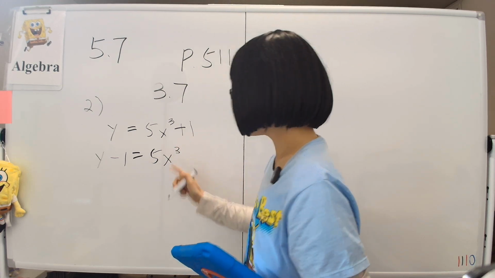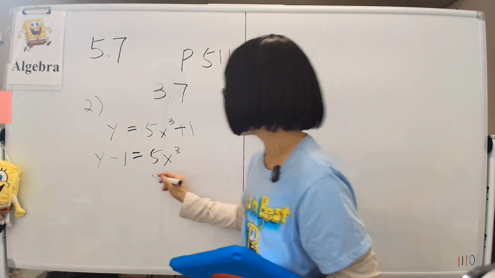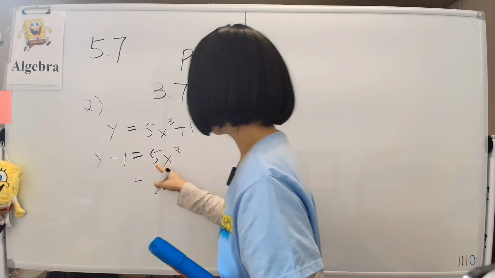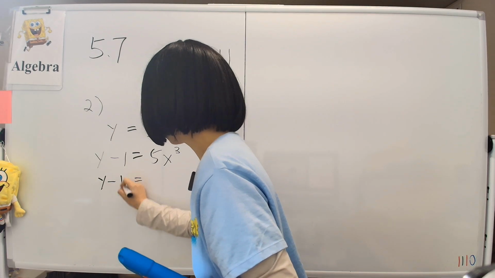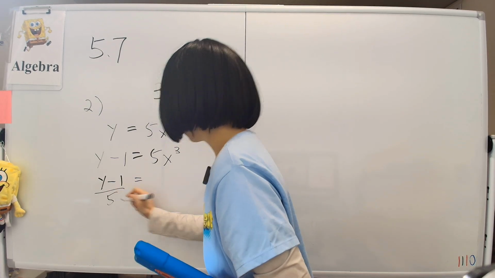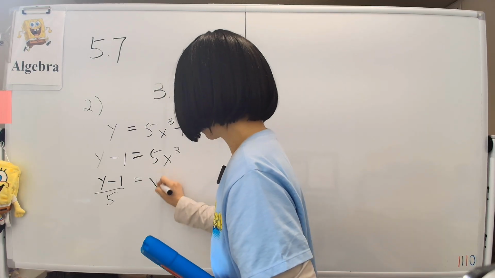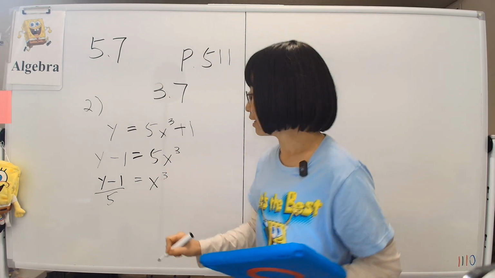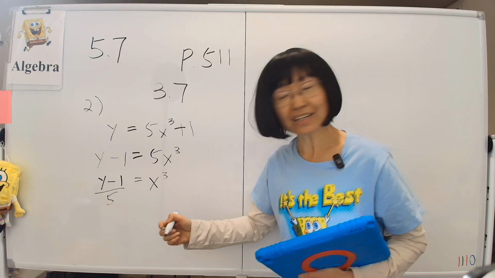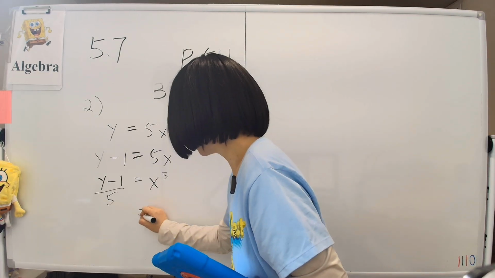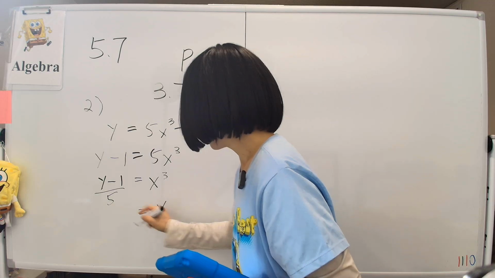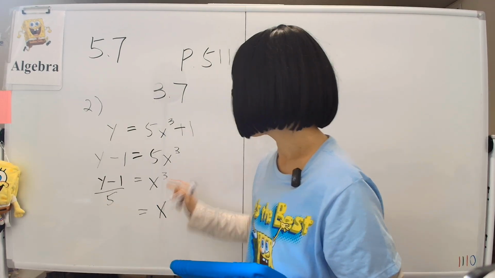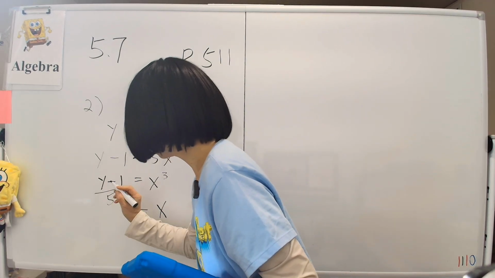This is the same as how we solve regular equations. The next step is we divide by 5, so y minus 1 divided by 5 is equal to x cubed. And we need x, not x cubed, so we'll take the cubic root of both sides to cancel it out. Once you take the cubic root, this becomes just x, and on the other side we'll take the cubic root of that thing.